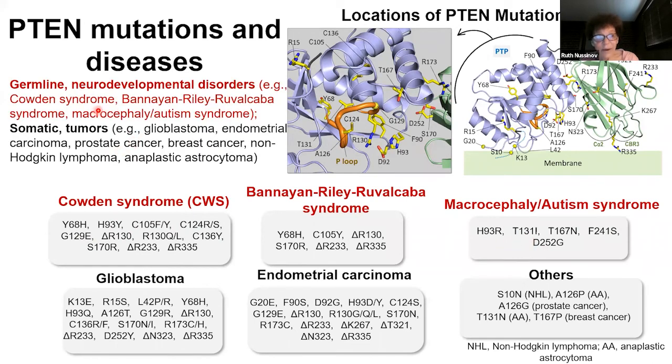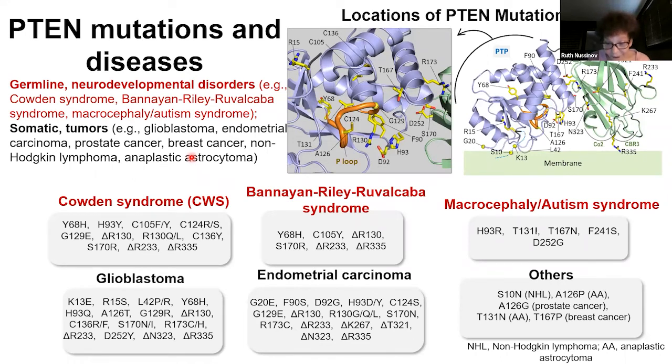These are those that lead to the autism spectrum. These are germline mutations, and these are the syndromes, and these are the mutations that lead to cancer, and these are somatic mutations. They occur largely during an individual's life.